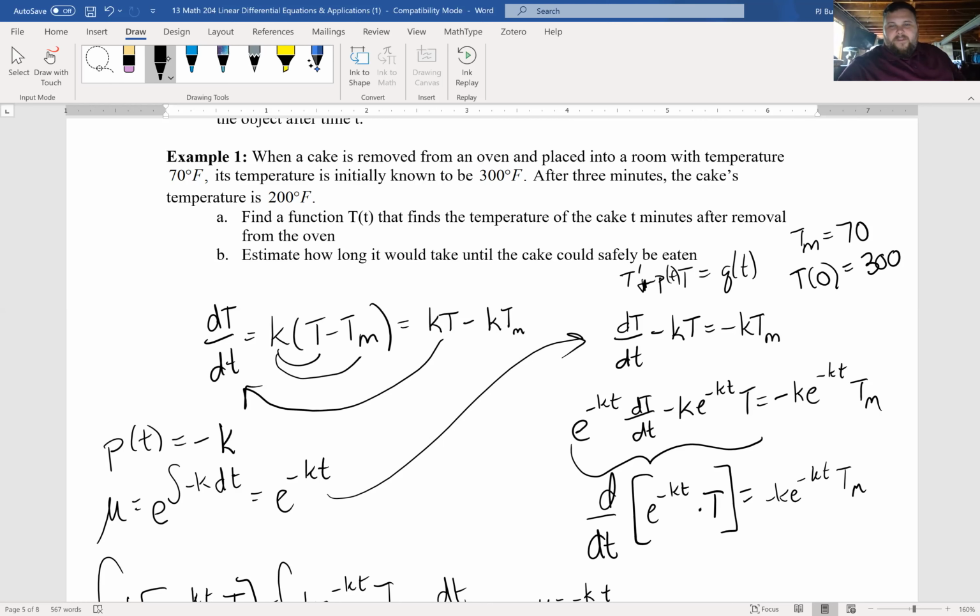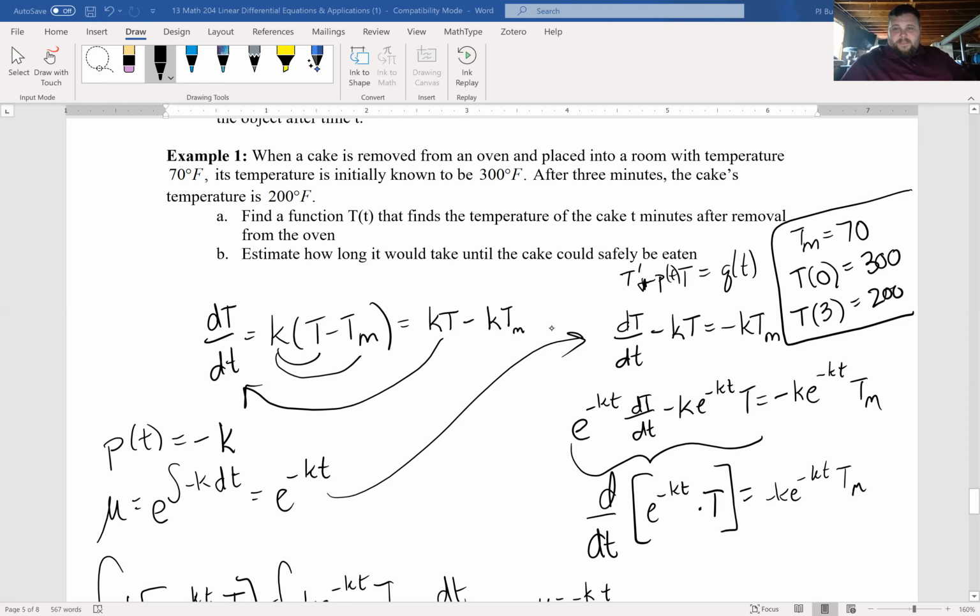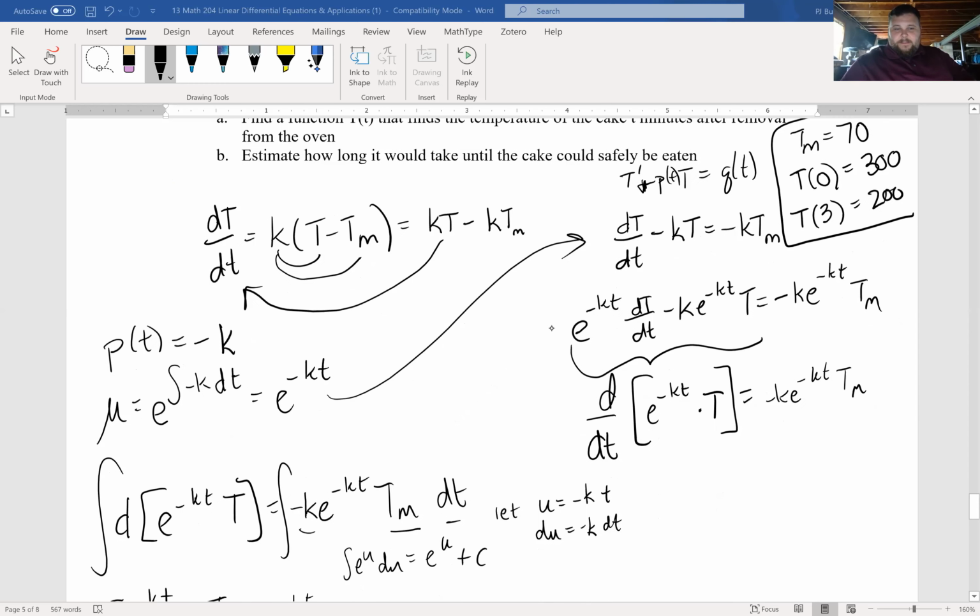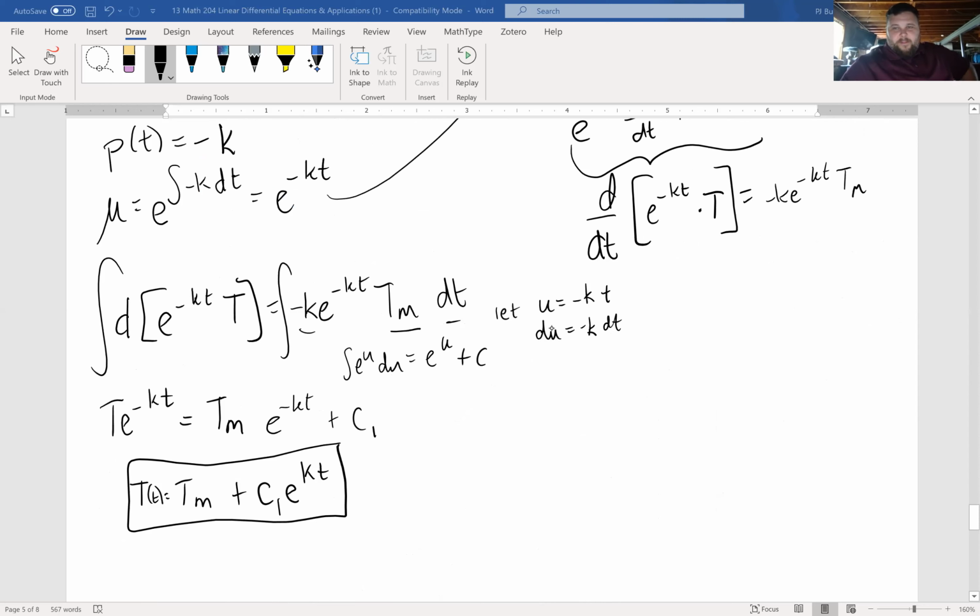And then it says 3 minutes later, the temperature is now 200. So the temperature at 3 minutes is 200 degrees. So now we need to use those three facts and this equation that we came up with.